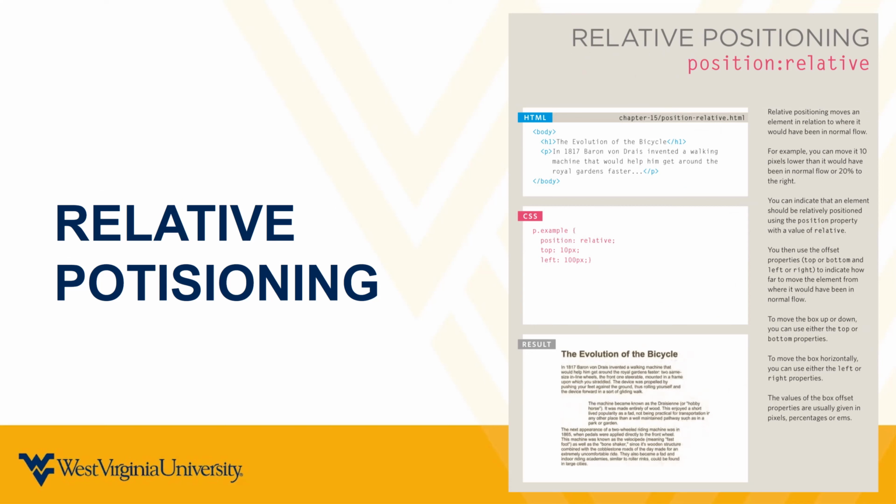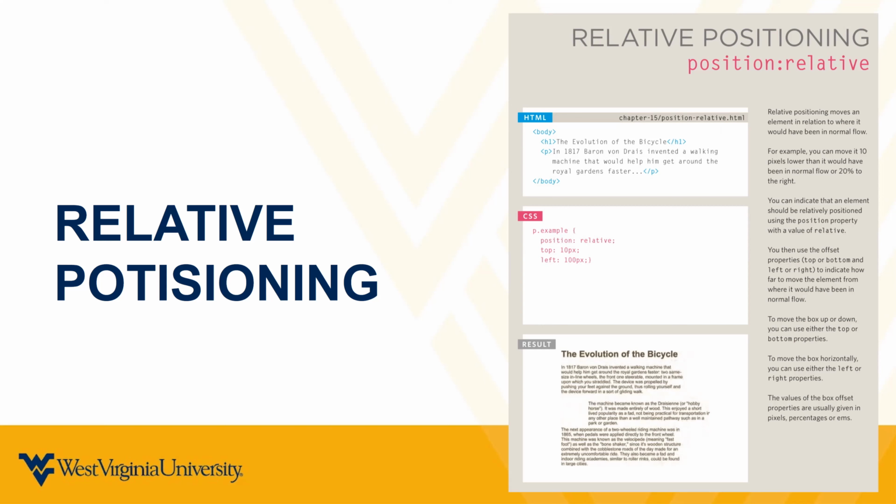So you see the result there, the image. We can see that the evolution of the bicycle is the header 1. In our HTML, it says H1 evolution of the bicycle. In our CSS, it says position relative, the top is 10 pixels and the left is 100 pixels. Between the title and when we start getting into the paragraph tags, you see the gap between the title and the paragraphs.